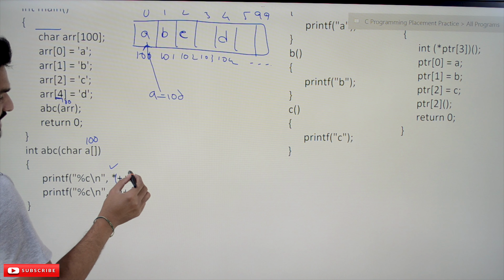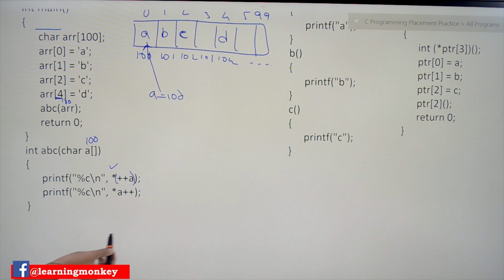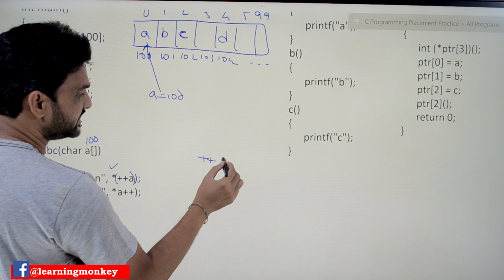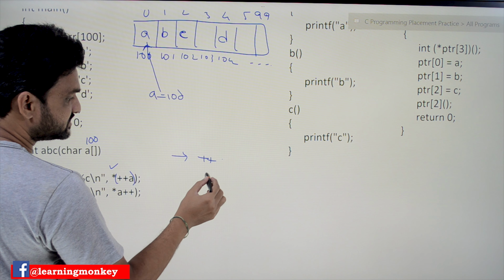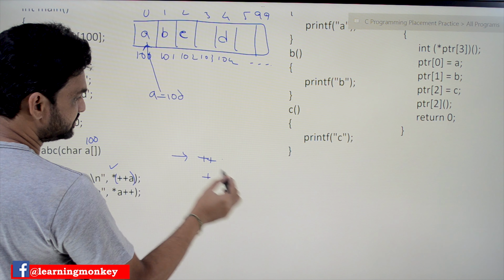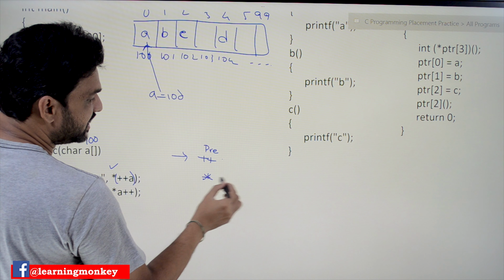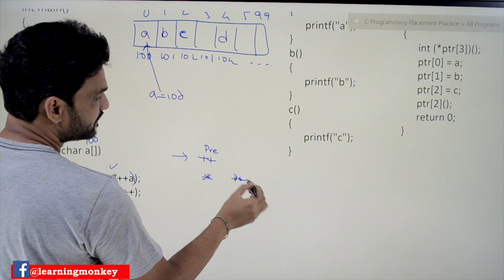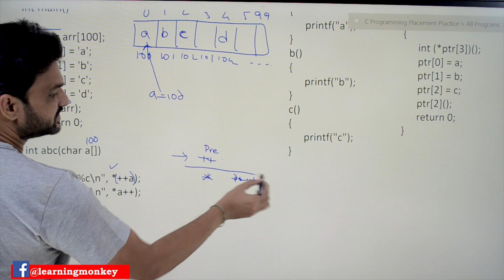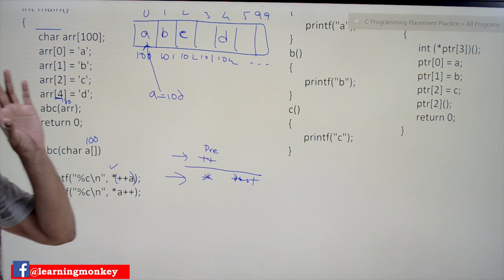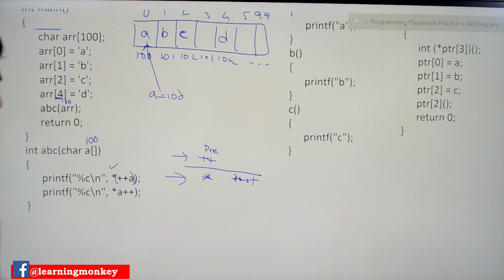In the precedence table, pre-increment and star are in the second row, and star and post-increment will be in the third row. So memorizing the precedence table is very important.